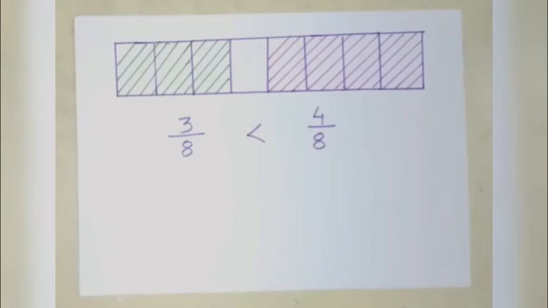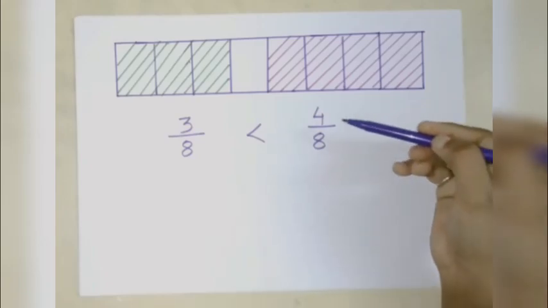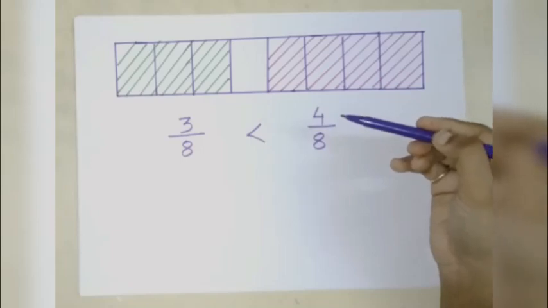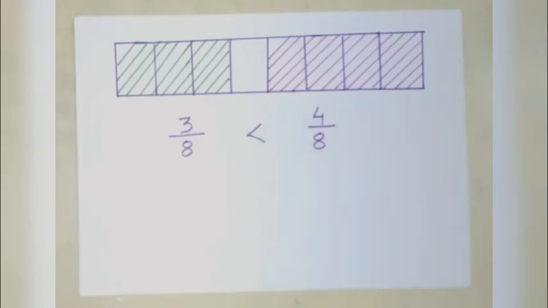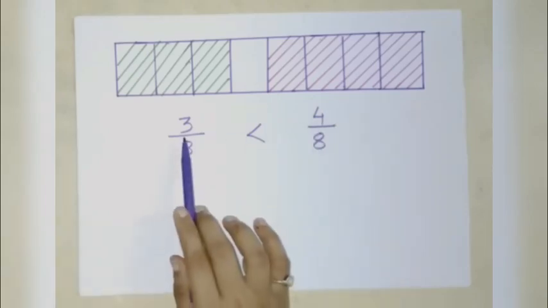Is it clear, children? If denominator is equal, we will see numerator and the numerator which is greater, that fraction is greater. Here the numerator is smaller than 4.